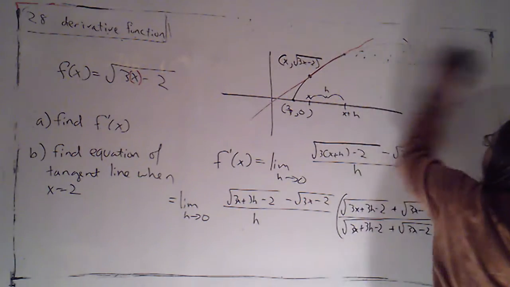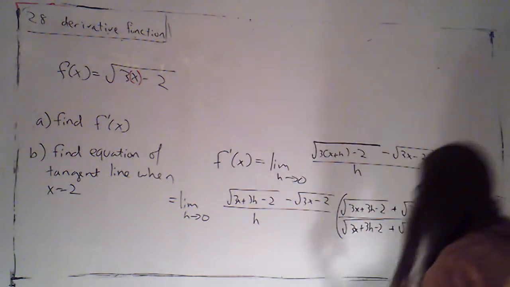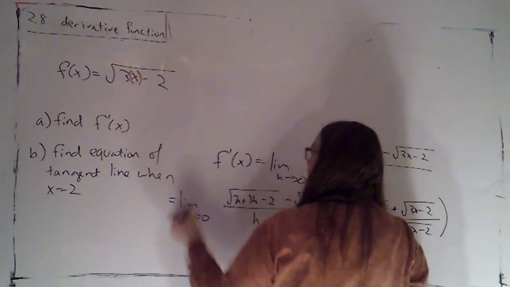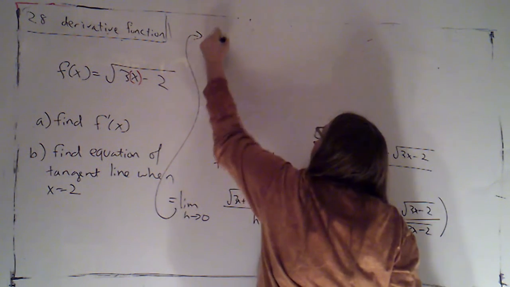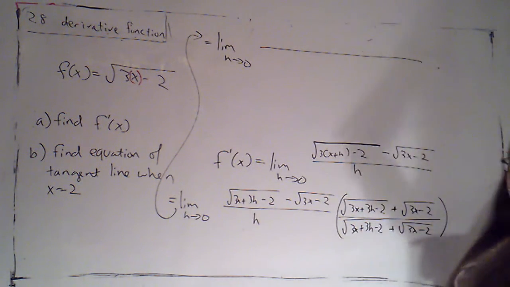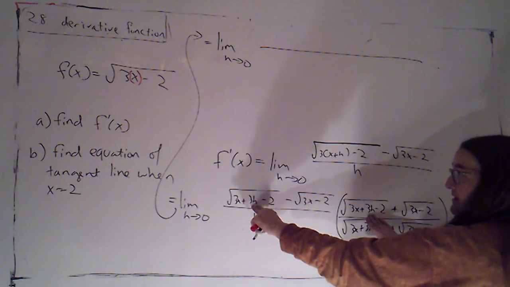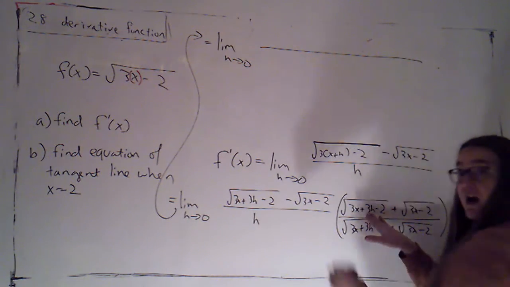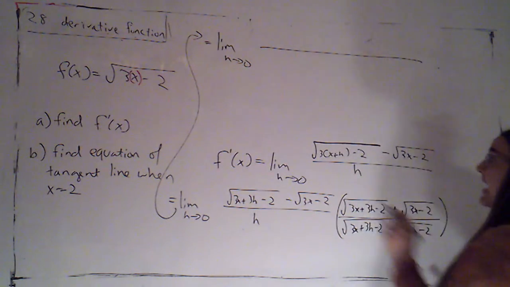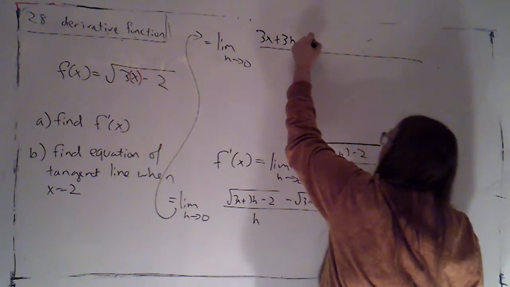I'm going to go ahead and erase my picture so that I can bump to the top of the board to keep working on this. So this is going to be the limit as h goes to 0. Now on top, if I FOIL this out, the first terms are just this square root times itself. That's going to lift the radical, so I'm going to get 3x plus 3h minus 2.